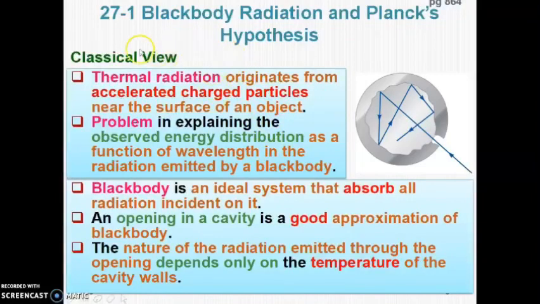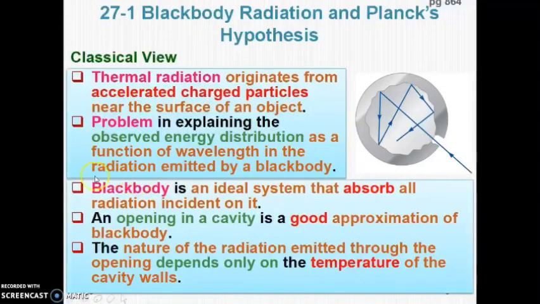The classical view: thermal radiation originates from accelerated charged particles near the surface of an object. There was a problem in explaining the observed energy distribution as a function of wavelength in the radiation emitted by a black body.